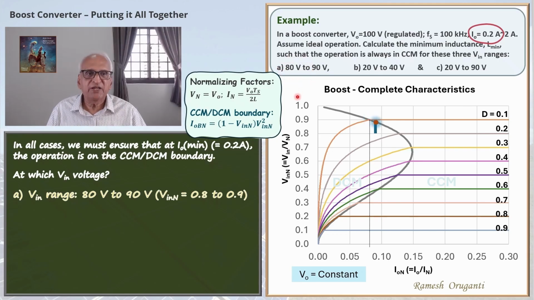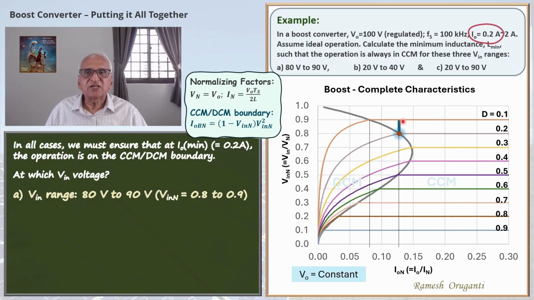Now we are choosing the inductor in such a way that at 80 volts, the operation is on the CCM DCM boundary. The corresponding ION value is this. Here we notice that when the input voltage changes from 80 to 90 volts, the operating point goes up and goes into CCM, which is fine.